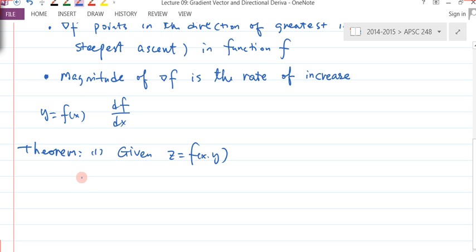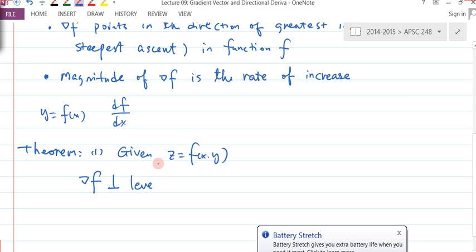If we calculate the gradient vector, like the formula given at the top over there, we can show that the gradient vector is perpendicular to the level curves. What is a level curve? Here's a surface.